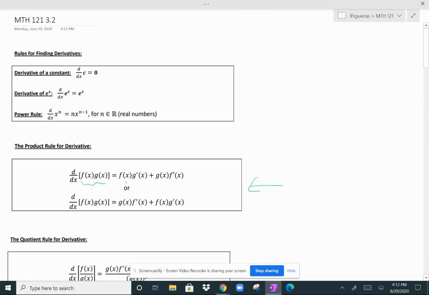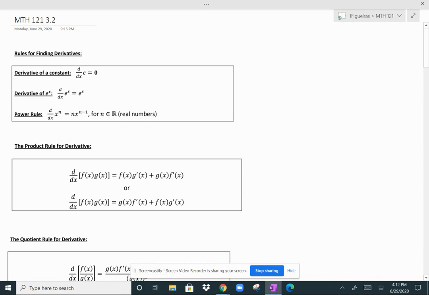Now, addition is commutative, so if you did this in the opposite order, where the second product goes first and the first product goes second, you also get the same answer, which is g of x times f prime plus f of x times g prime. So rules should always be memorized because this is something that will be used in other calculus courses beyond this course as well as throughout this course. So the sooner you memorize them, it'll be easier on you.